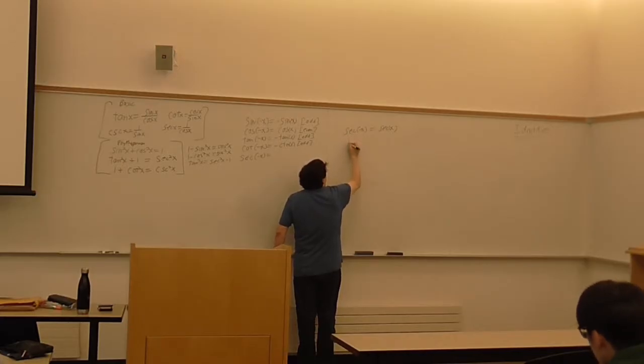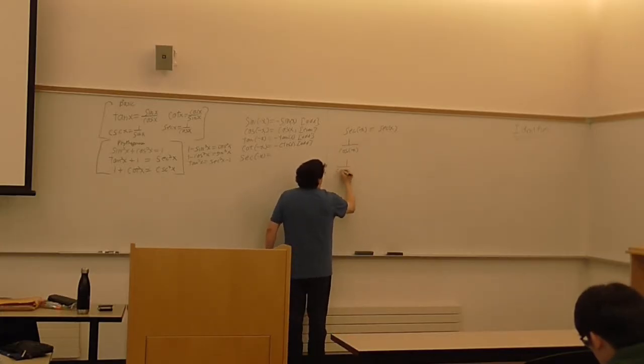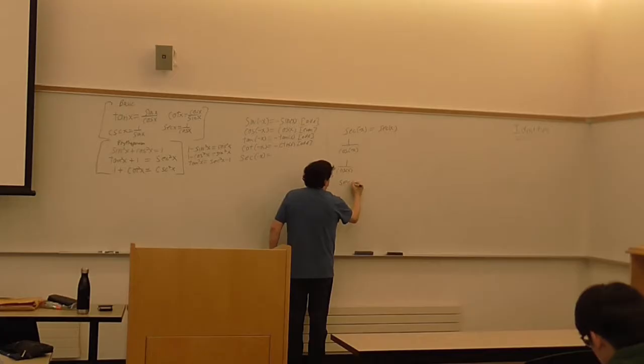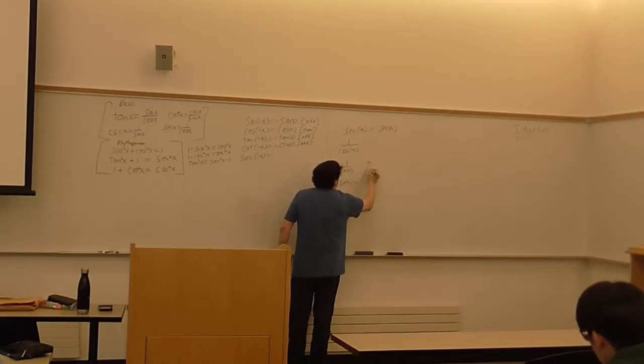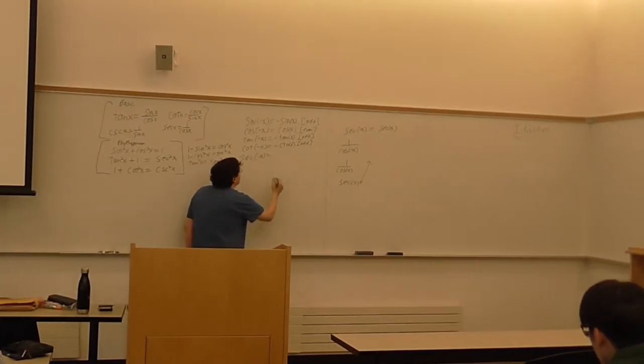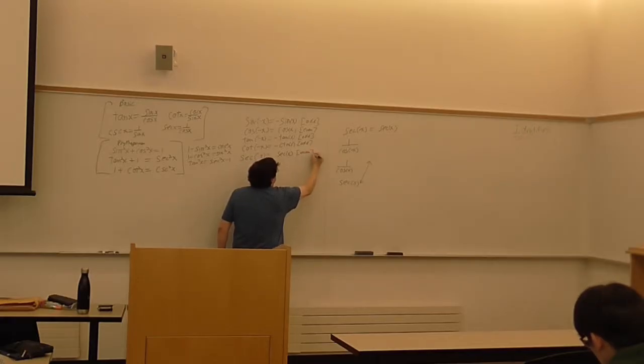Secant of minus x is 1 over the cosine of minus x. But we know the cosine of minus x is just the cosine of x. And that, of course, is secant of x. So this is an even function.